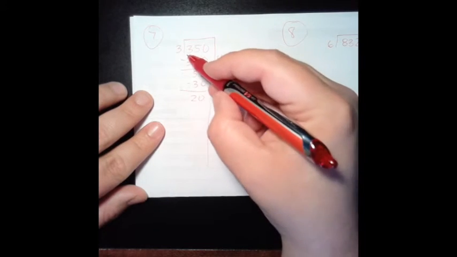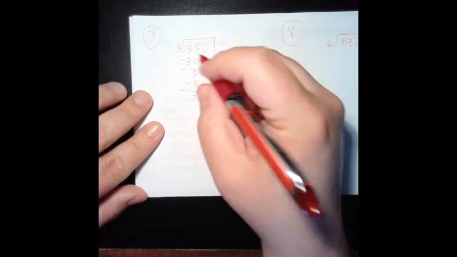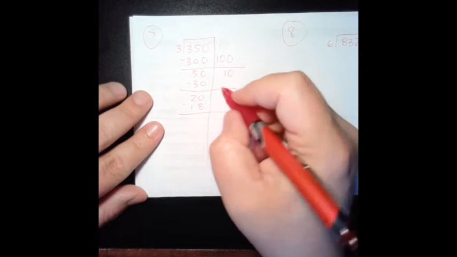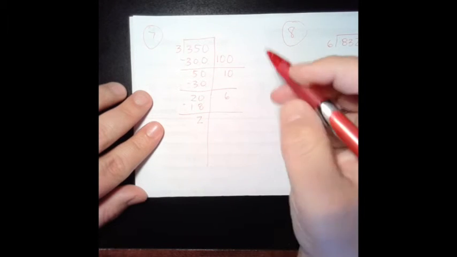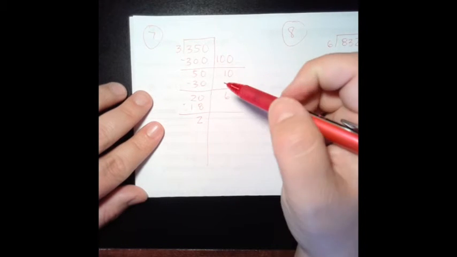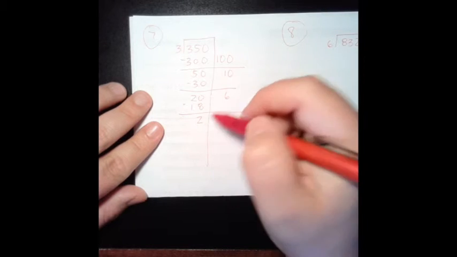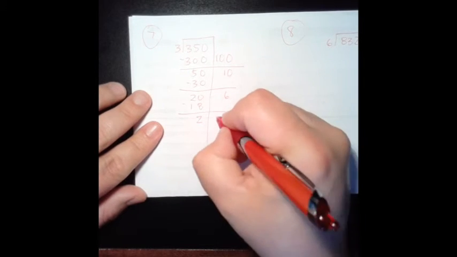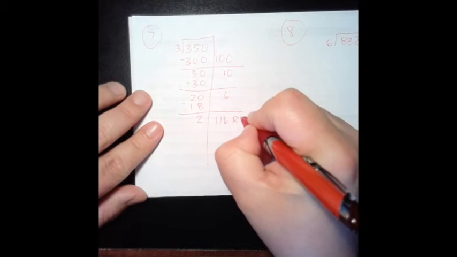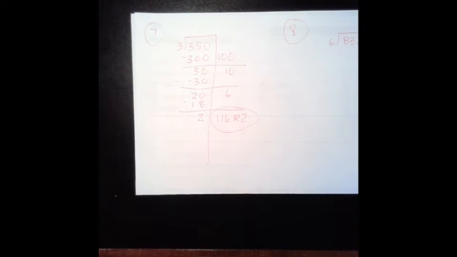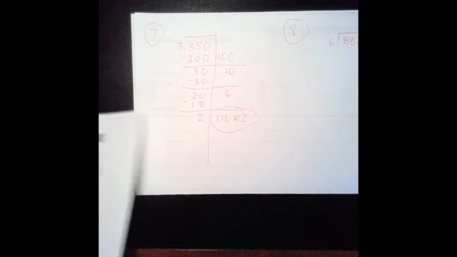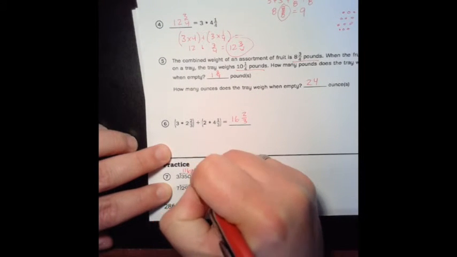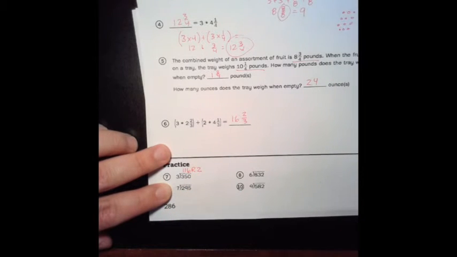So I know that 3 times 6 is 18, which will then leave me with 2. We can no longer divide by 3, so we have a remainder of 2. So now we need to add our side thing, which is 100 plus 10 plus 6 is 116 with a remainder of 2. So it's 116 with a remainder of 2.